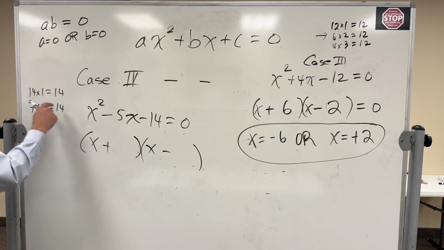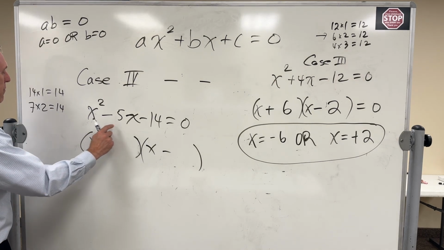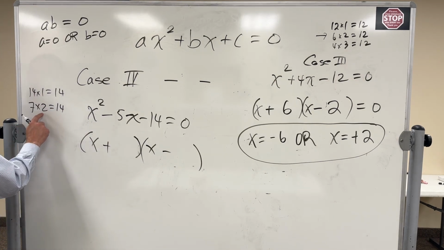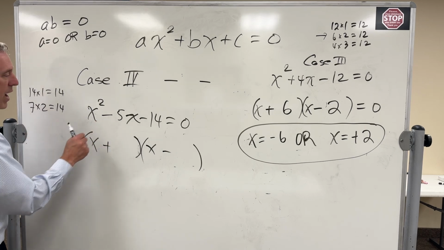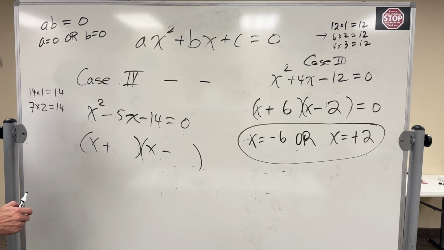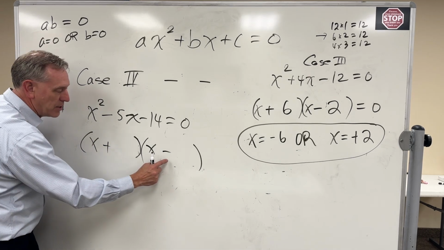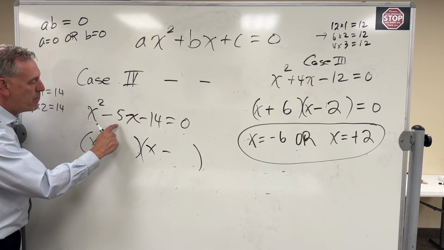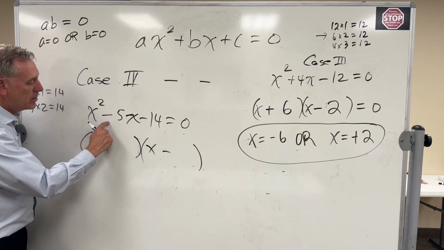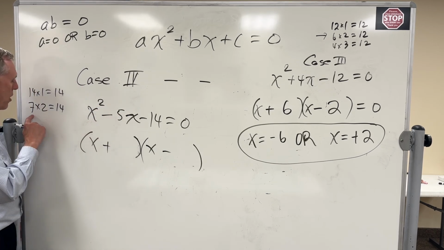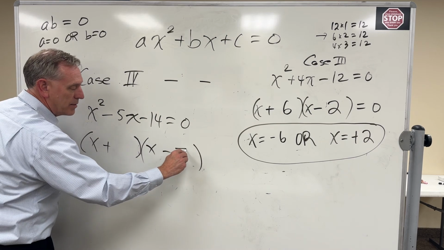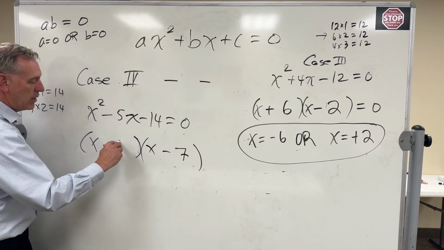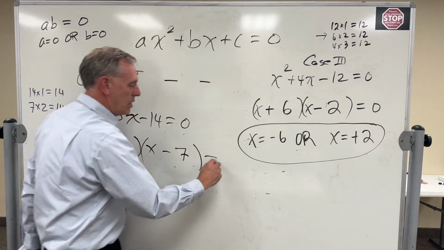14 minus 1 is 13. This is a 5, not 13. 7 times 2 is 14. 7 minus 2 is 5. So there's our numbers, 7 and 2. But now we need to decide which one's positive, which one's negative. Since it's a minus sign here, the bigger of the two is the negative. So that's the 7, and that leaves this is the 2, and this is equal to 0.